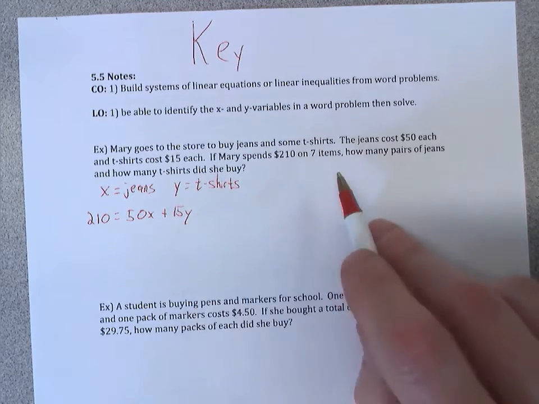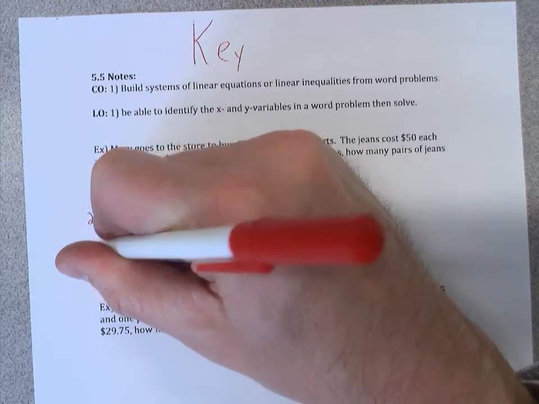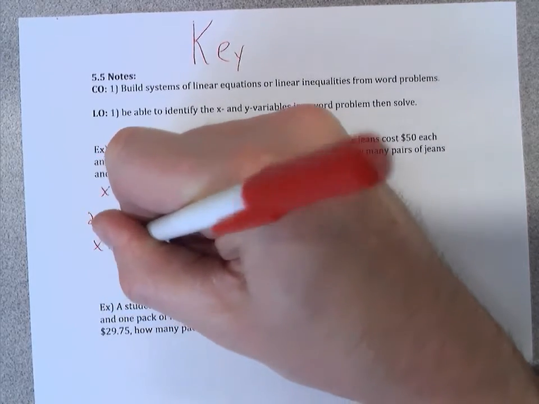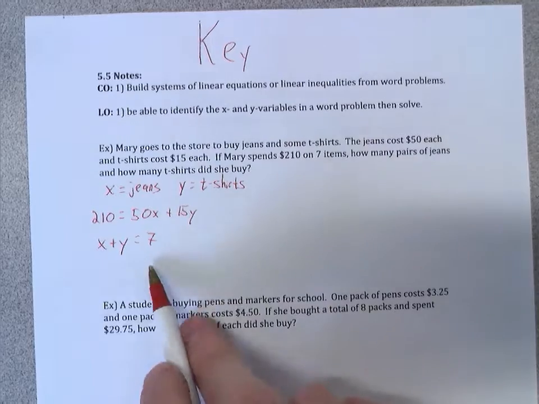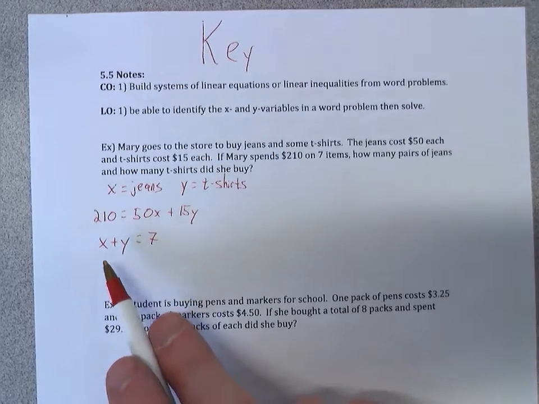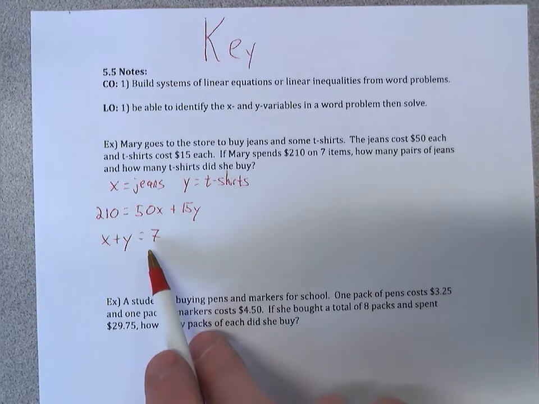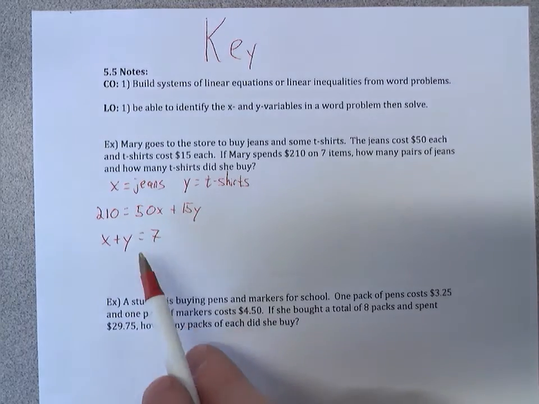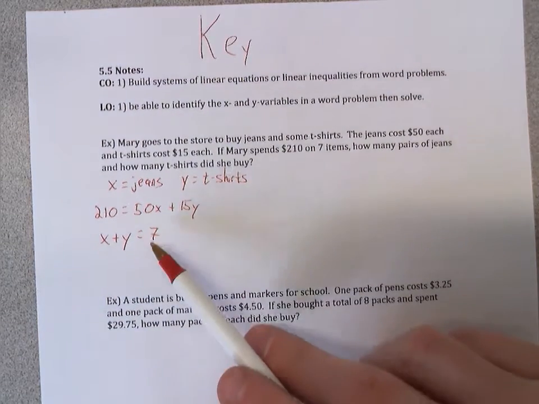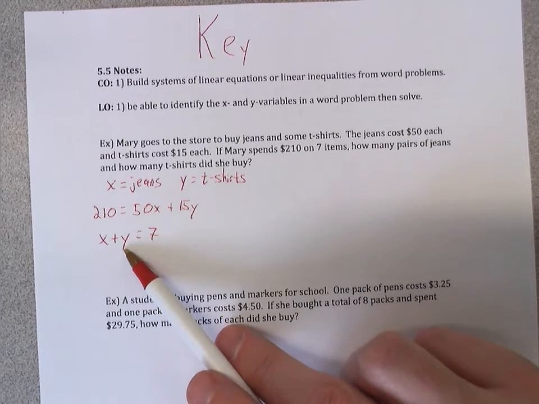We know that she spent this money on 7 items. So that means that x plus y equals 7 items because it's the number of jeans and t-shirts. We don't know how many jeans or t-shirts she bought specifically, but we do know that she bought 7 items total. So now we need to use these two equations to see if we can actually find out how many jeans and how many t-shirts she bought.